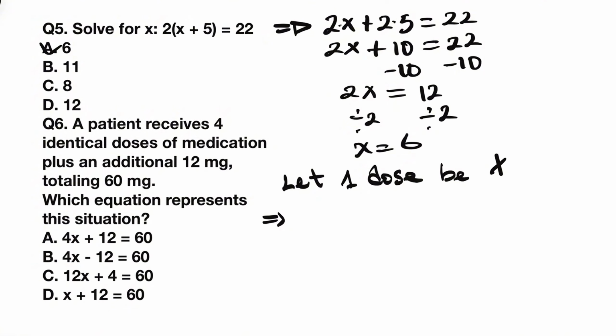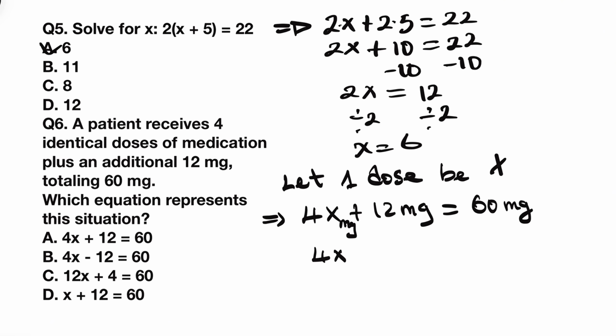So 4 doses, which is 4x, plus an extra 12 milligrams will give us 60 milligrams. Since the units of all of these are in milligrams, we will be left with 4x plus 12 is equal to 60. So you see that will be the equation, and you notice that the answer is A.